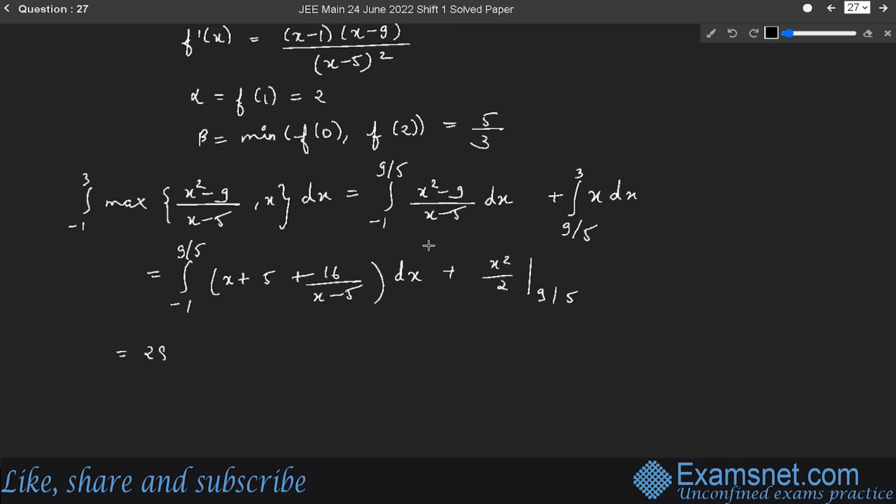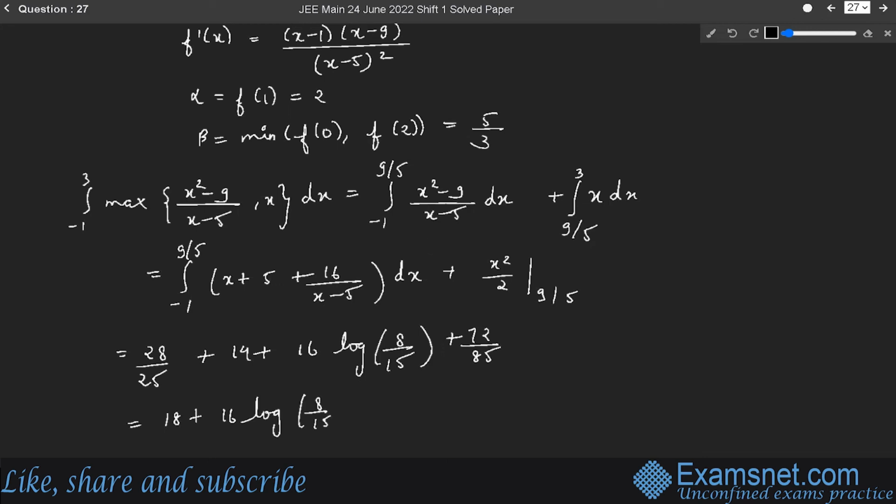So this will be equal to 28 upon 25 plus 14 plus 16 log 8 upon 15 plus 72 upon 85. So it will be equal to 18 plus 16 log 8 upon 15.